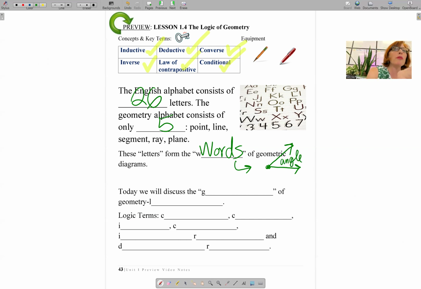Today, we're going to talk about the grammar of geometry, how geometry is put together using logic. Logically. Terms you're going to need today.